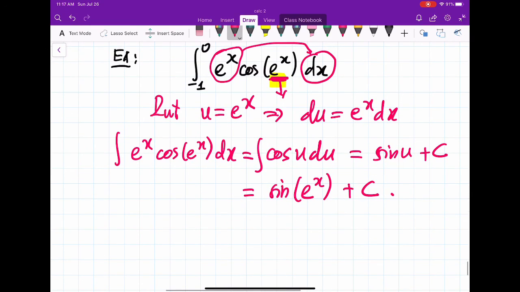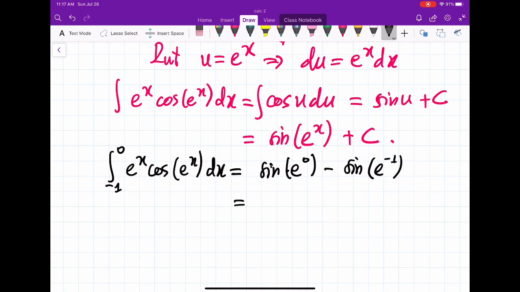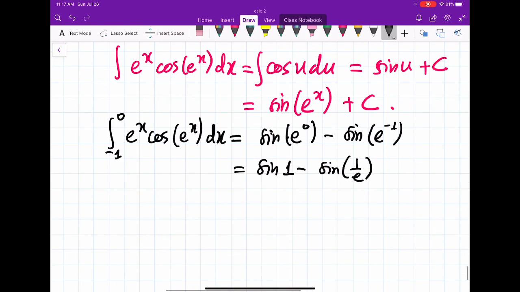And from now I can plug -1 and 0 into this function: sine of e to 0 minus sine of e to -1. Okay, so that is sine of 1 minus sine of 1 over e. And of course, if you want, you can use a calculator and you can find the number right here.